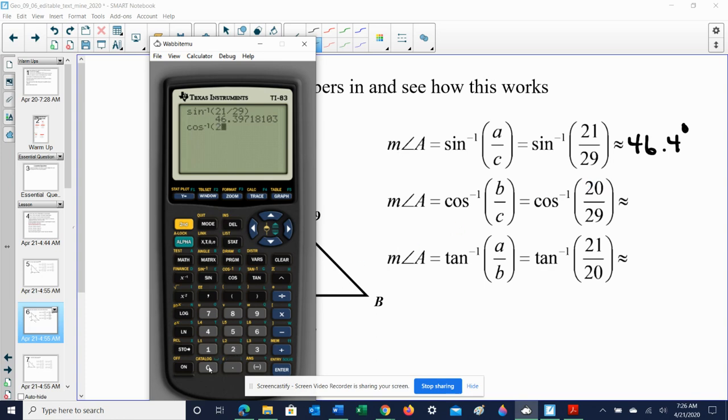It's 20 divided by 29. When I hit enter, I really expect to see this same number. And look at that, I do. All the digits are the same actually, which is nice. But we're still only rounding to the nearest tenth, so it's 46.4 degrees.